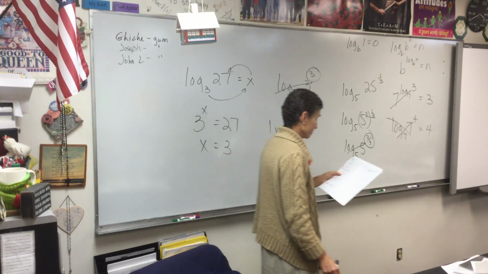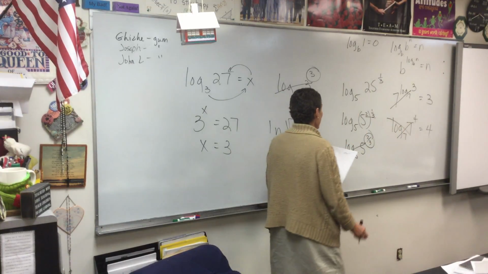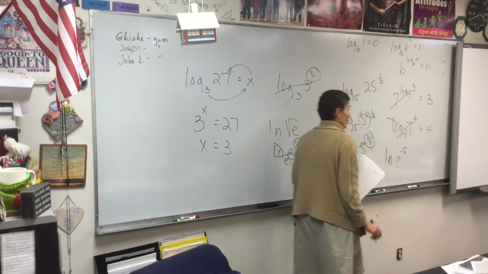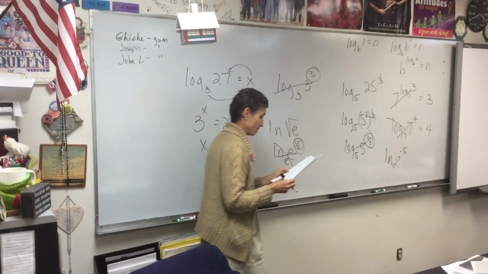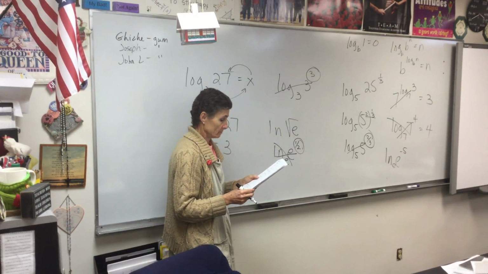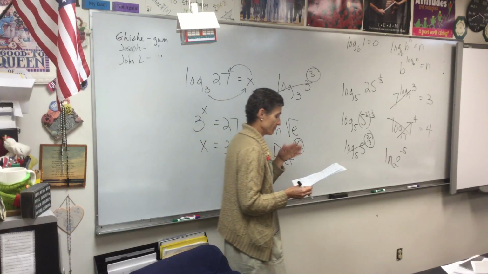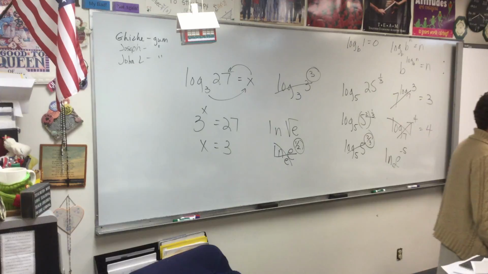How about 6? -5. 1 over means to the negative power. So we have the log base e of e to the -5th. Now don't get freaked out in the next one. Cover up the 2 for a minute.